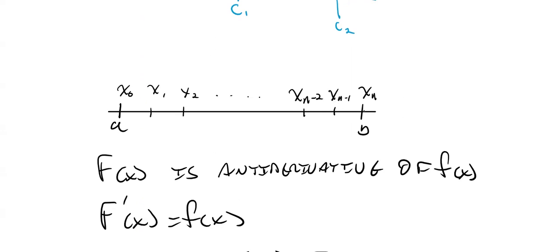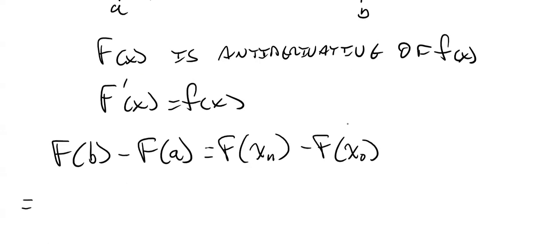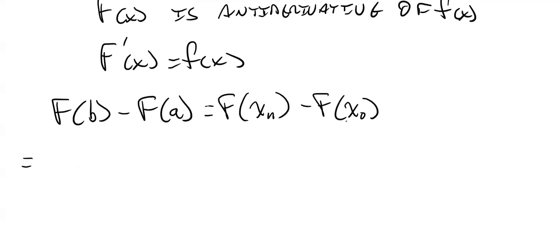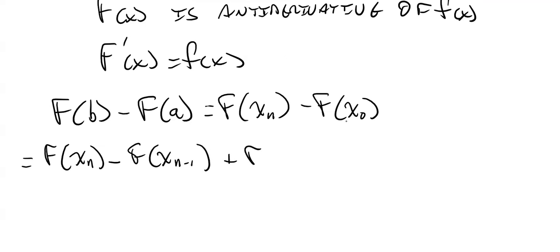And I'm going to talk about the interval here and say that this is equal to F of x of n minus F of x of n minus 1. I'm allowed to stick that in there as long as I add it again. Okay, so I'm subtracting it here and I'm adding it here. So together they cancel out and they're just 0. So I haven't really added anything. I haven't changed the value at all. I'm just changing the structure.